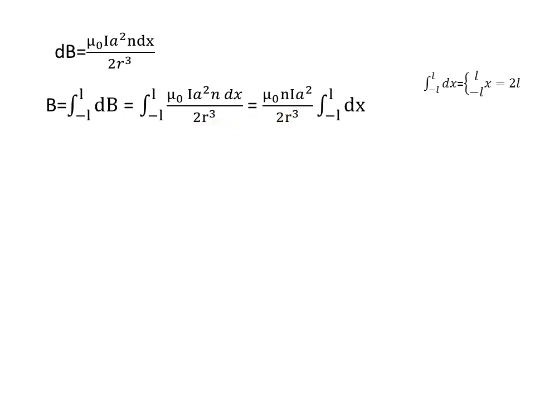So, inside the integral we have minus L to plus L dx. Now, the integral from minus L to plus L of dx is equal to x with limits minus L to L. On applying the limits for x, we have L minus minus L, that is 2L. So, B is equal to mu 0 n I a square by 2r cube into 2L.